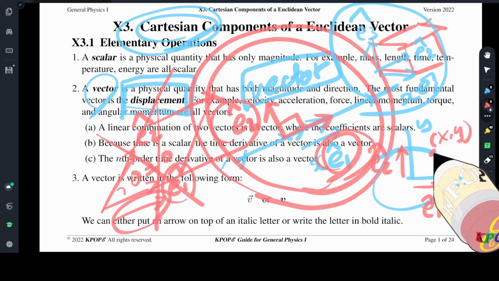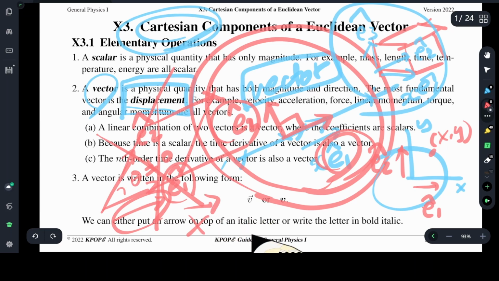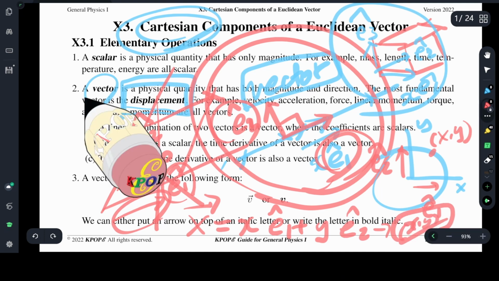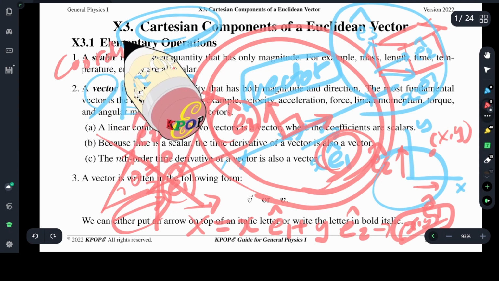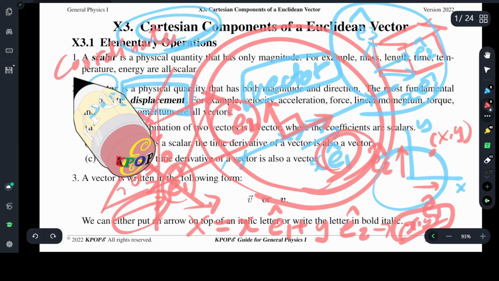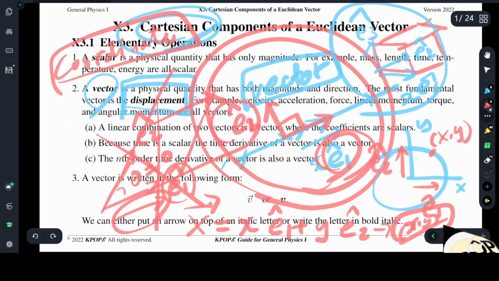And actually, the position vector is a linear combination of these two basis vectors, and the coefficients of them represent this x, y. These coordinates are just a component along a basis vector.